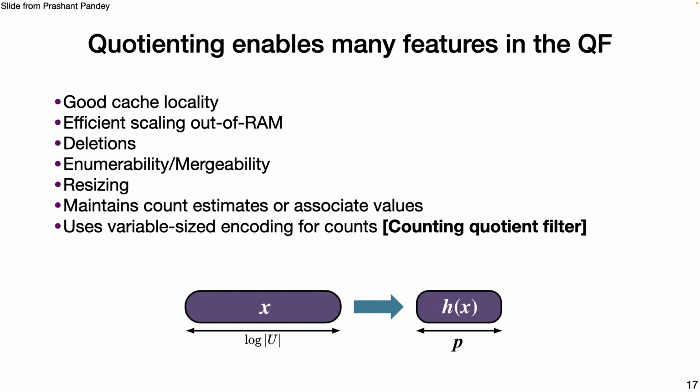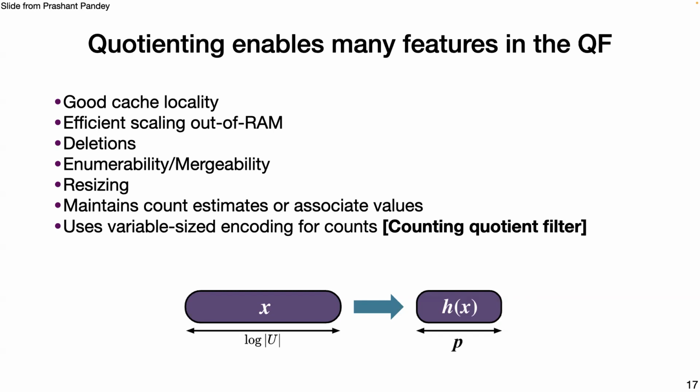It scales out of RAM efficiently. It can support deletions, as long as you do counting. You can enumerate the fingerprints. You cannot enumerate the initial elements, but you can enumerate the fingerprints, because you just need to concatenate the top and the bottom bits.